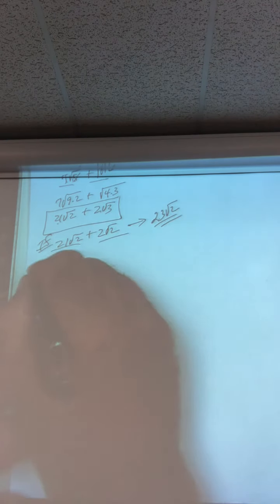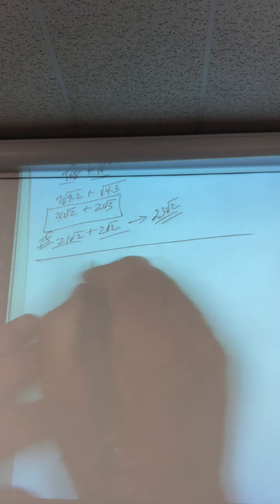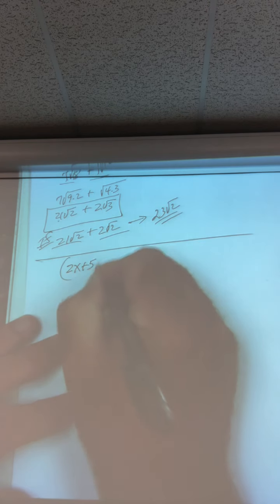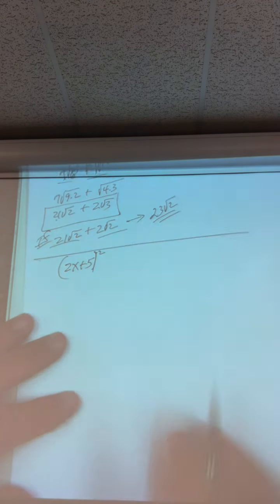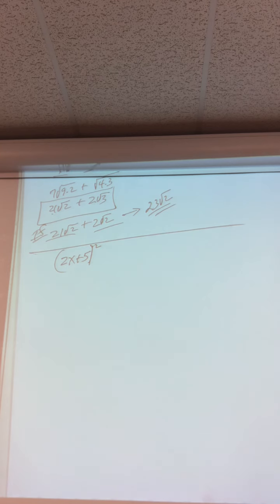Before I do this next example, let me remind you of this. How did we do this problem right here when we were doing polynomials? If you'll remember, when you square a plus b, you get a squared plus 2ab plus b squared.